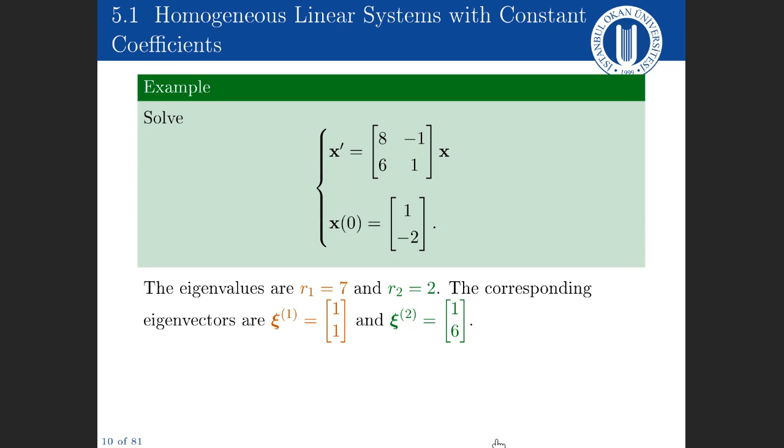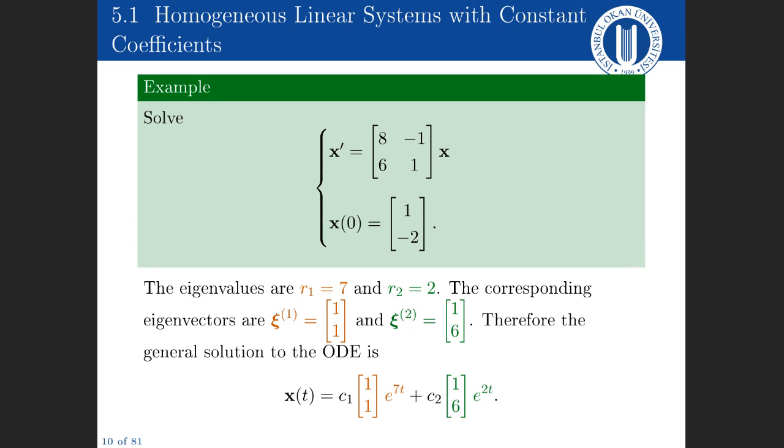As soon as we know the eigenvalues and the eigenvectors, we can write down the general solution to the differential equation. Constant c1, eigenvector, e to the power eigenvalue t, plus constant c2, eigenvector, e to the power eigenvalue t. There's one step left to finish this question.